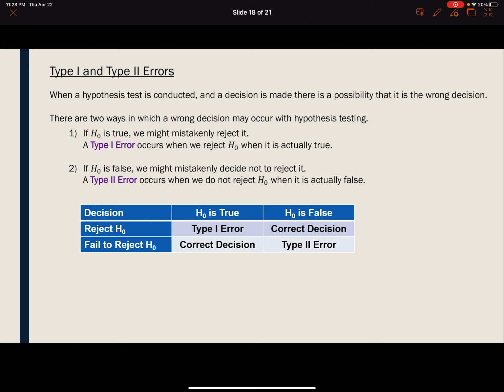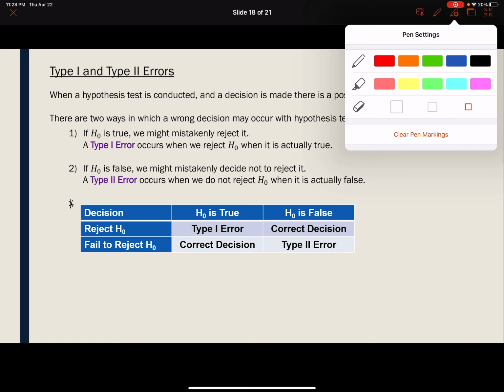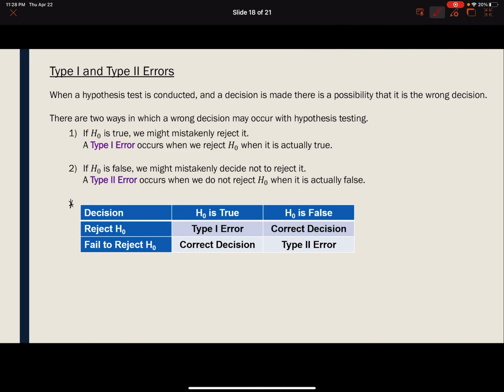So I have a little table here that describes what can happen with our conclusions, the different scenarios for our conclusions. So if we reject the null, but it turns out that the null was true, then we've made a type 1 error.